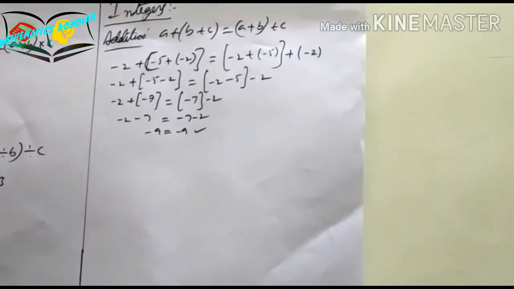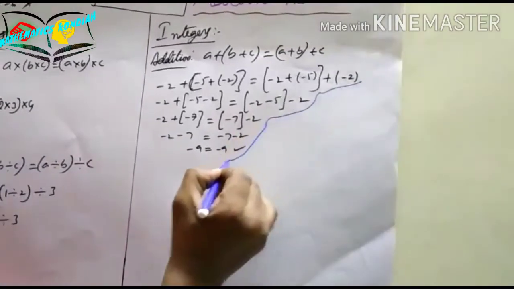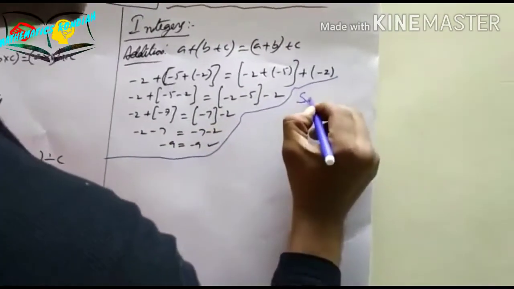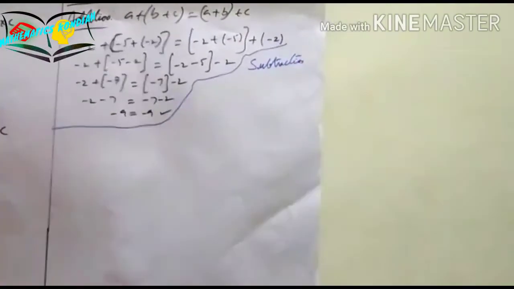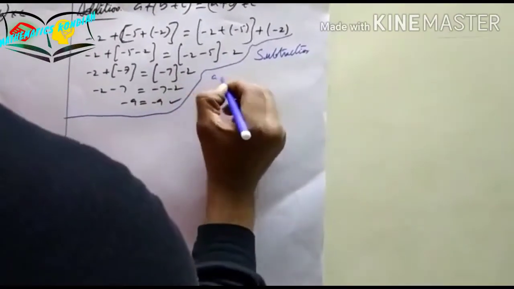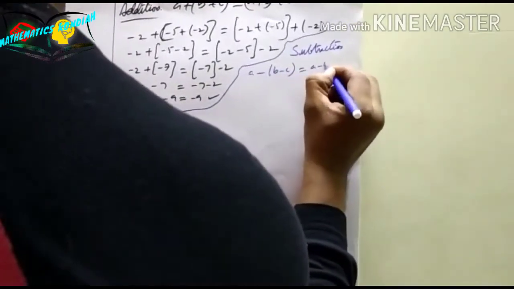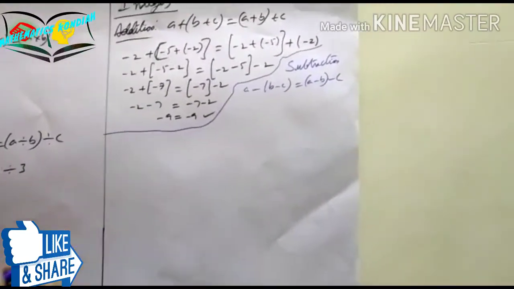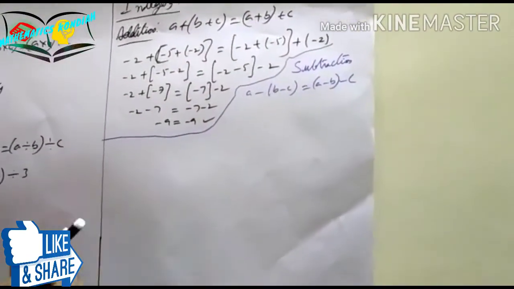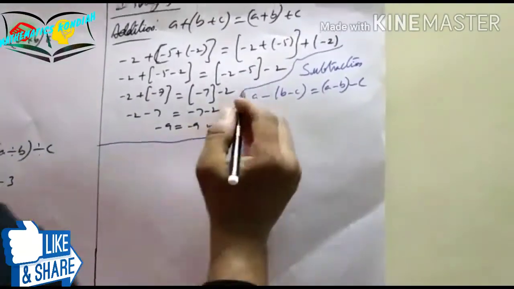Subtraction. What is subtraction? See, (a - b) - c is equal to a - (b - c). You take a, b, and c as integers.